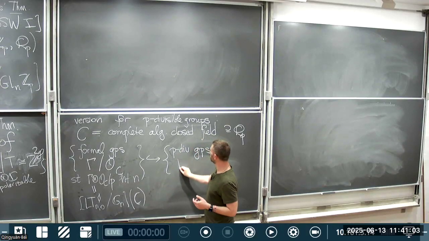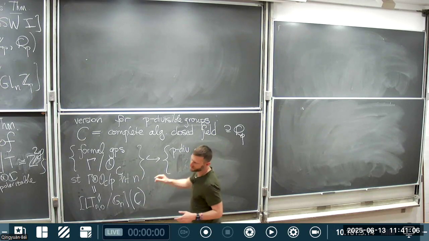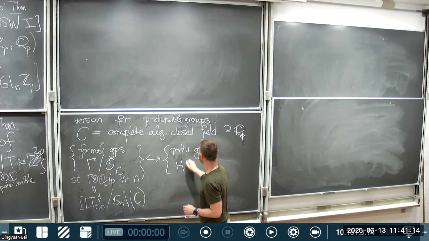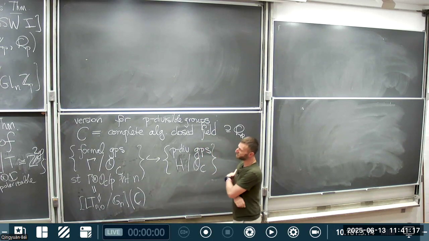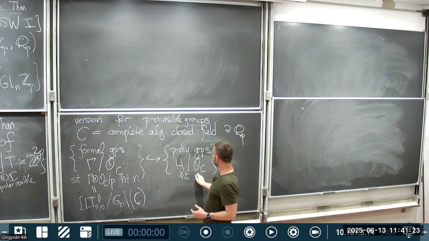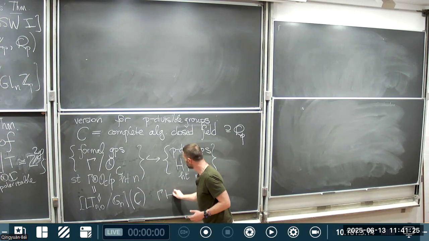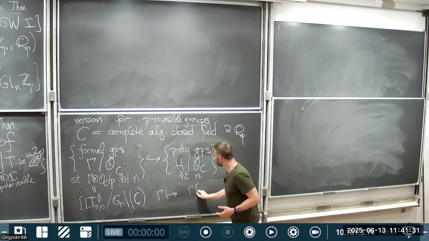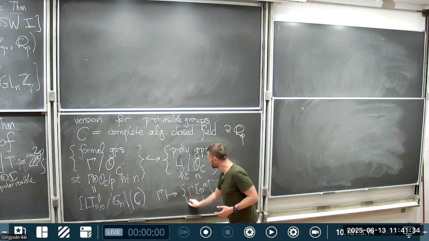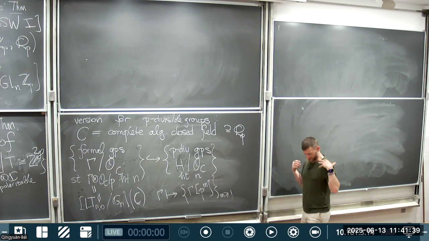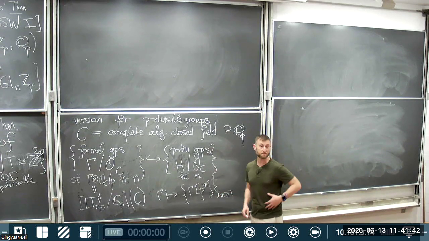P-divisible groups, and I'll use the letter H. Given such a formal group, what you can do is consider the p-power torsion in that group. That is, all of the power series defining multiplication by p to the n.